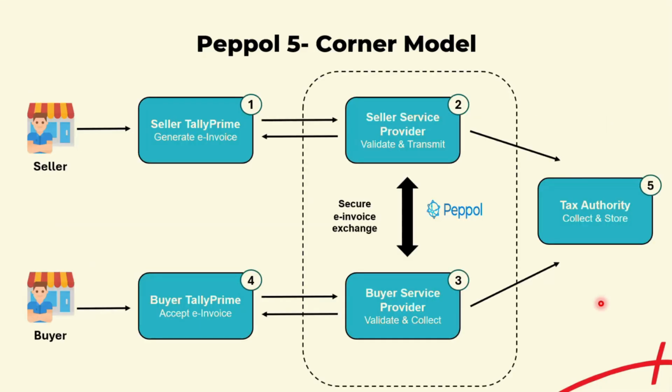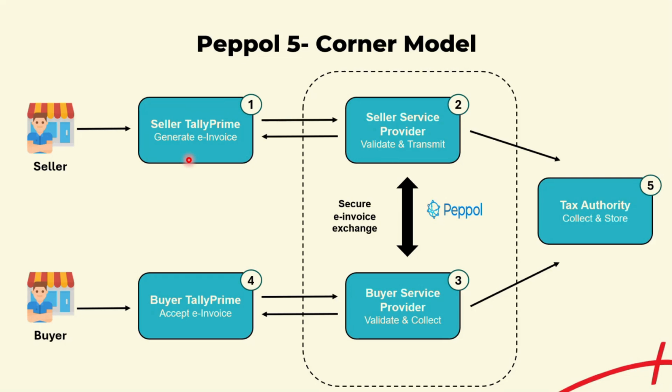If you want to understand how the e-invoice is generated, then it is very important and crucial for you to understand PEPPOL's five corner model. So let's say you are using TallyPrime and you have appointed Tally as your ASP as well. In such a case, let's say you generate your e-invoice from the TallyPrime product.